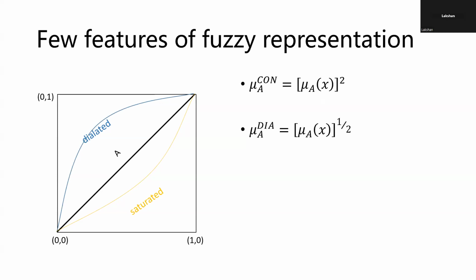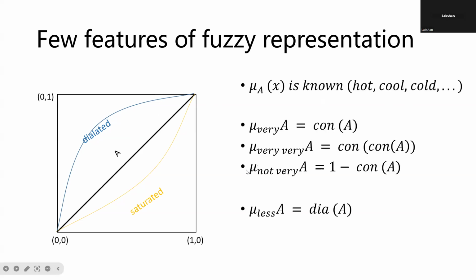If you take the square of those decimal numbers, they get lower and lower, going in a saturated line like this. If you take the square root or the power of one third, it goes in a line like this, which is dilated. Even though we are not discussing this topic heavily in this module, you need to have a little understanding of it.